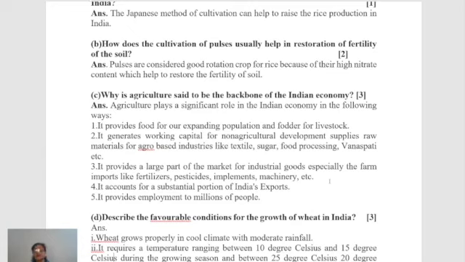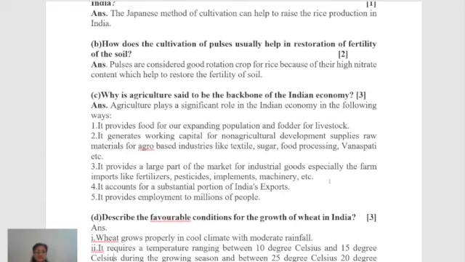Number one, it provides food for our expanding population, and provides fodder for the livestock. Number two, it generates working capital for non-agricultural development and supplies raw materials for agro-based industries. What are the agro-based industries?